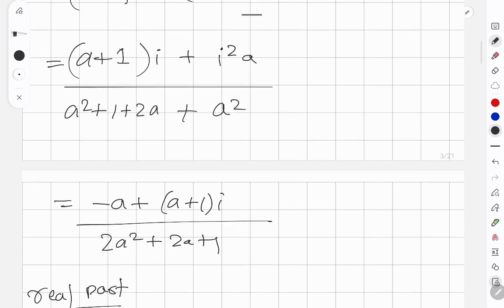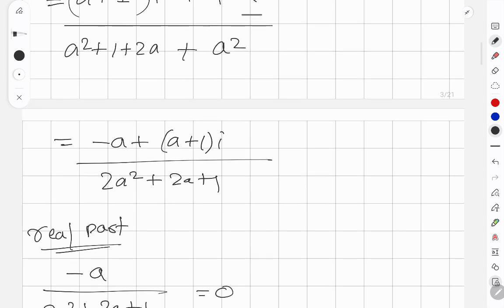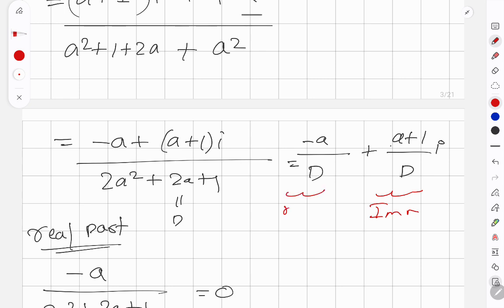I can write this one as negative a over the denominator, whatever it is, plus a plus 1 divided by the denominator, and i is over here. So this is my imaginary part and this is my real part.